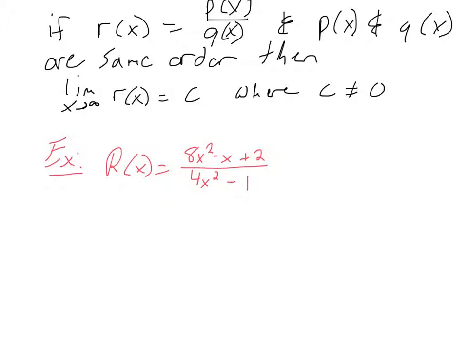And so what that means is as x gets very large, as it goes to infinity, r of x is roughly equal to 8x squared over 4x squared, because the lower order terms don't really matter so much.